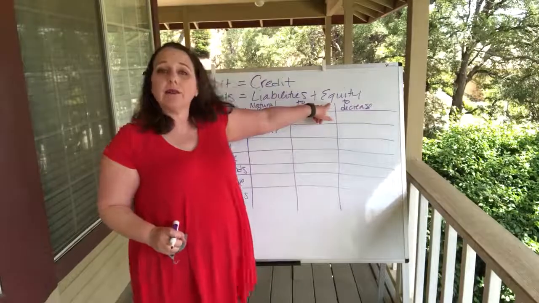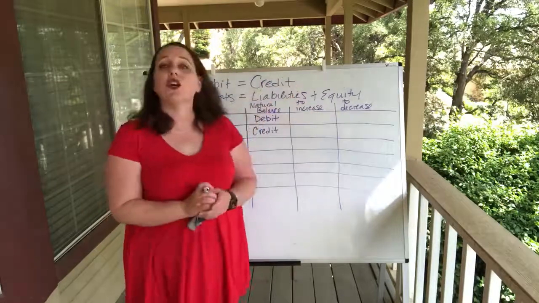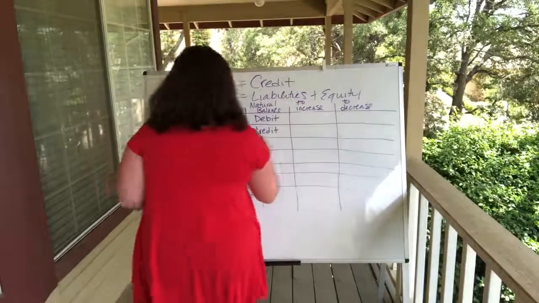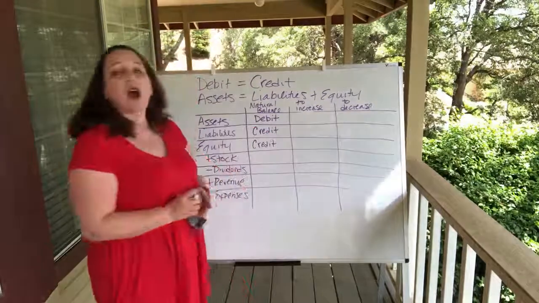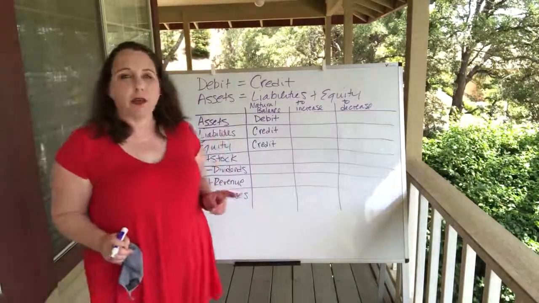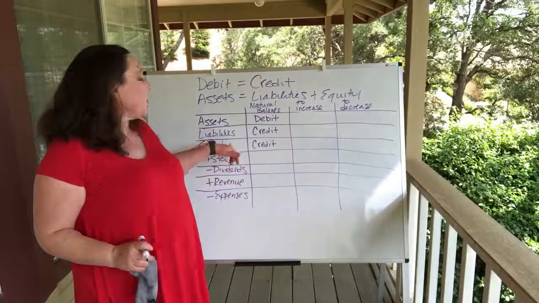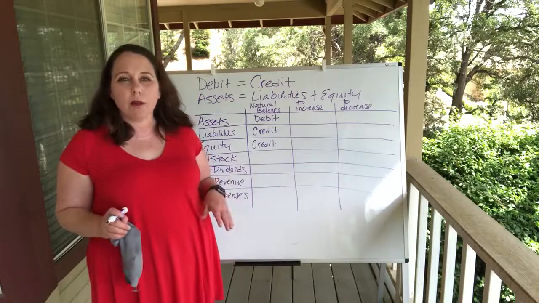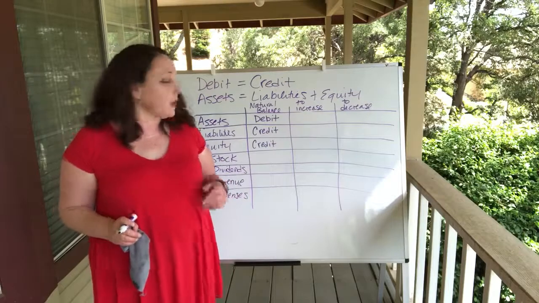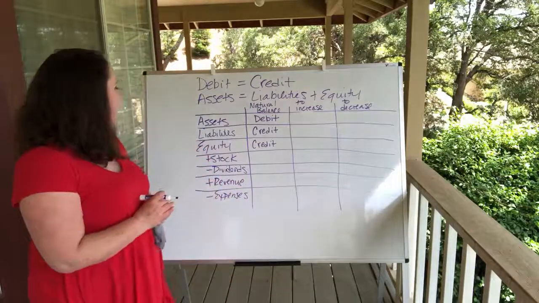And equity, also on the right side of the accounting equation, has a natural credit balance. Okay, our debits and credits for assets and liabilities are going to be pretty straightforward. But the equity, remember, our equity's got layers. Equity is a little more complicated. So let's go ahead and finish filling out our chart.